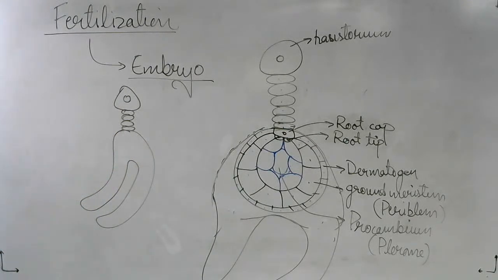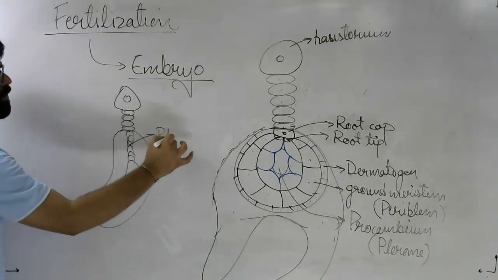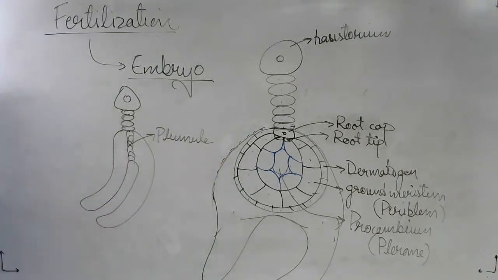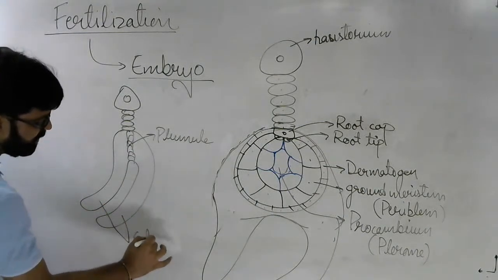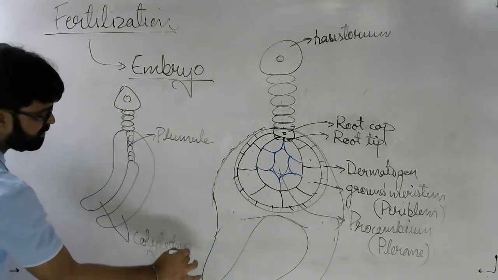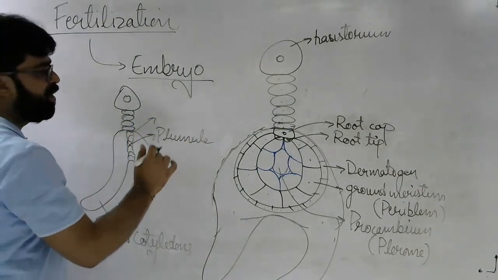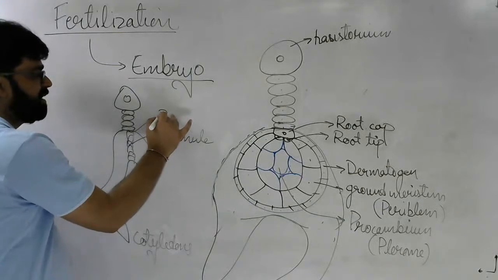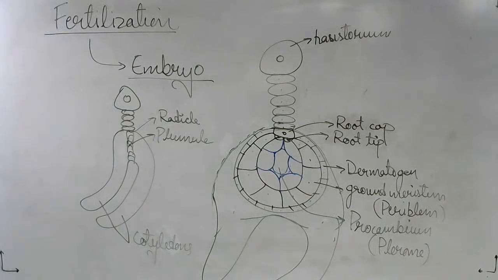Here at the center it will have the plumule, and these two are cotyledons. And this part which is present near the hypophysis forms the radicle. So this is how the different parts are formed in the embryo.